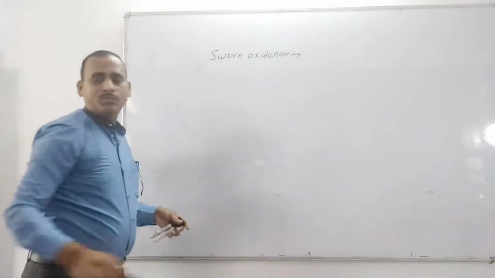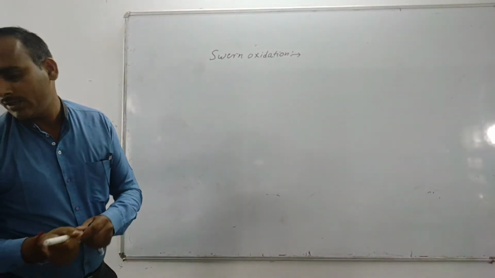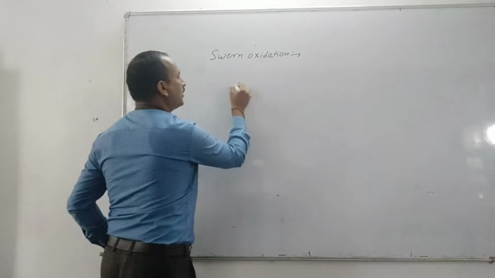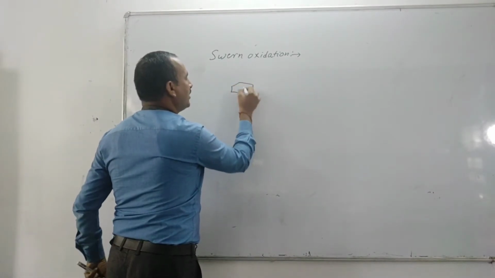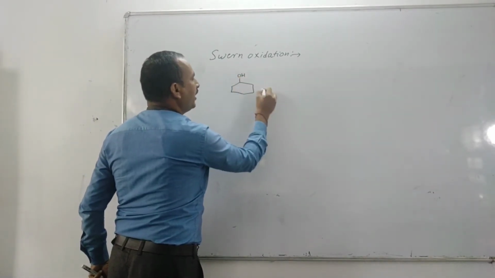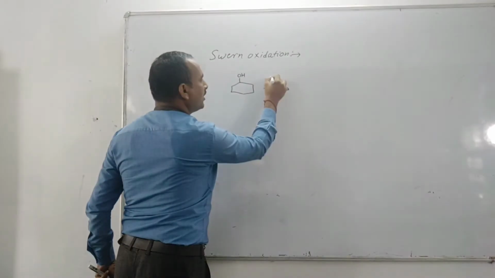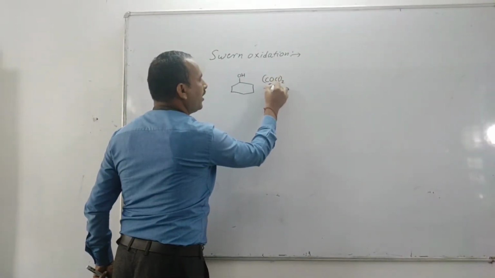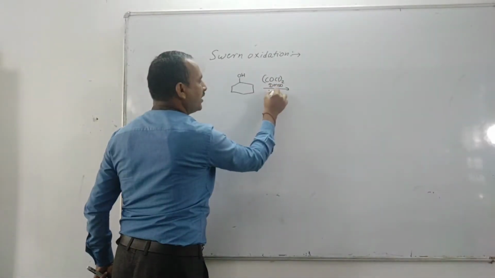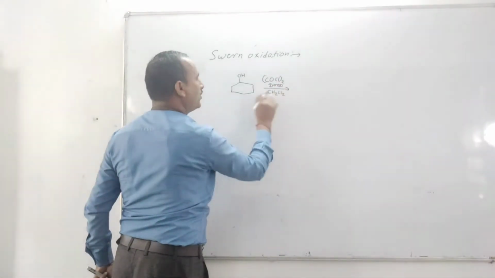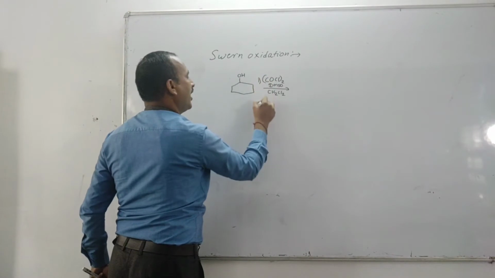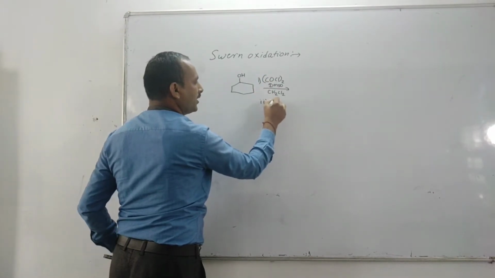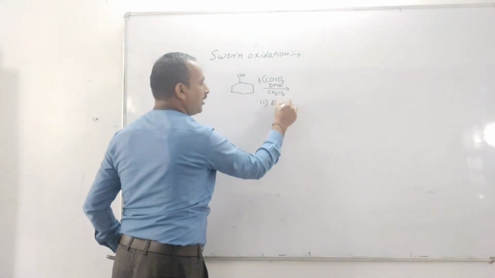Now let's see some more examples of the oxidation. Now it is a secondary alcohol. Again COCl twice, oxalyl chloride, DMSO, dimethyl sulfoxide, CH2Cl2, DCM, in the first step, and the second step is triethylamine.